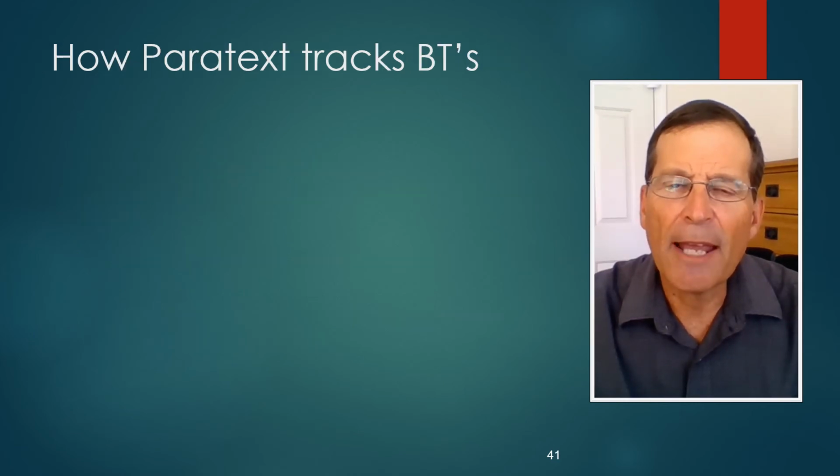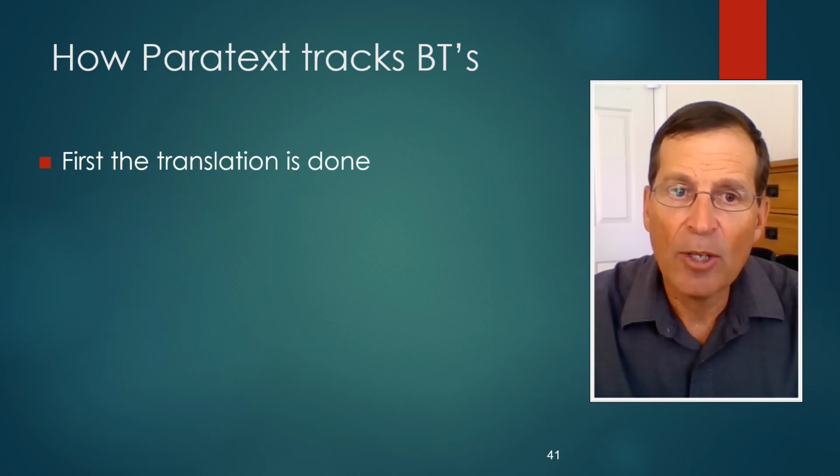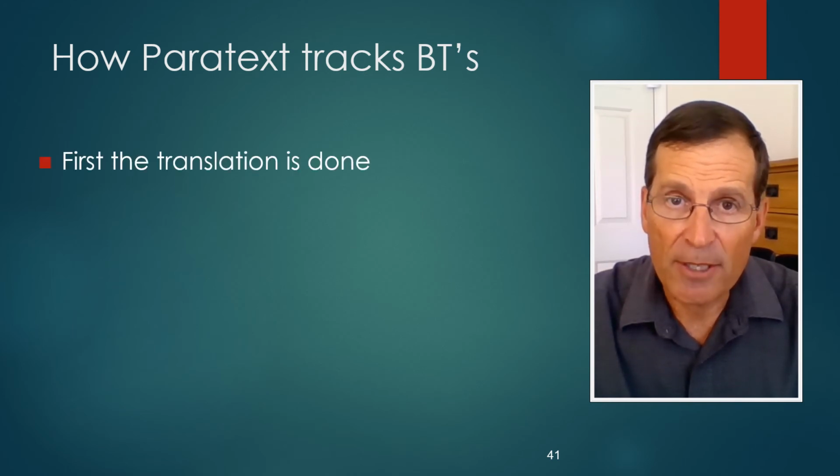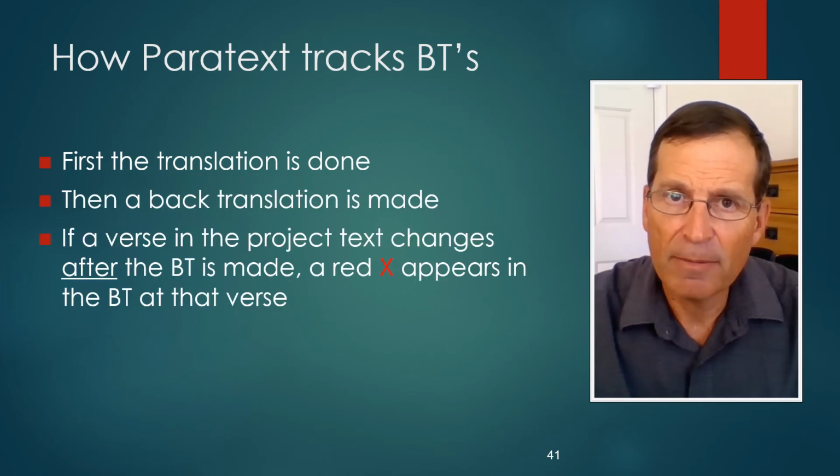Let's take a look at how Paratext tracks back translations to make sure that the back translation reflects the translated text. So first, the translation is done, and then a back translation is made.